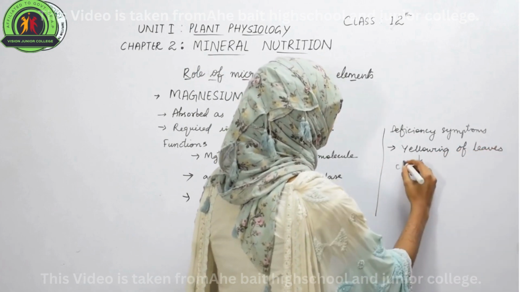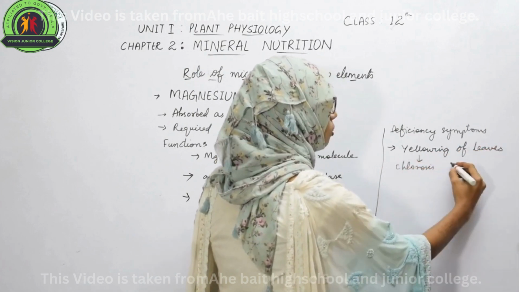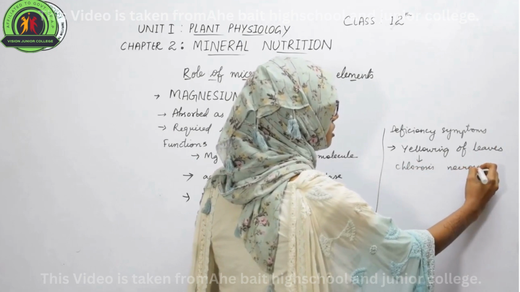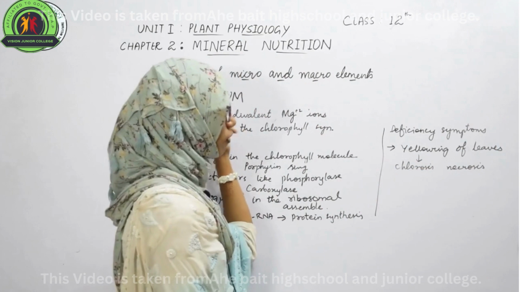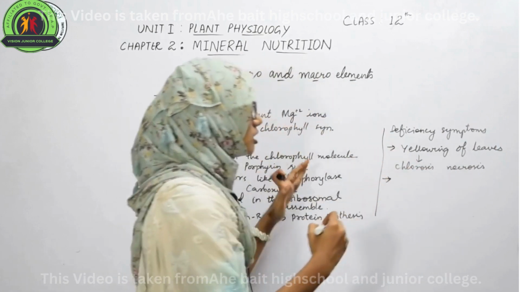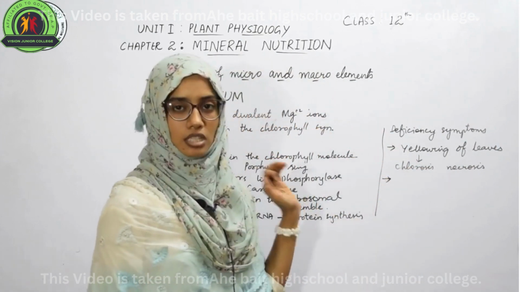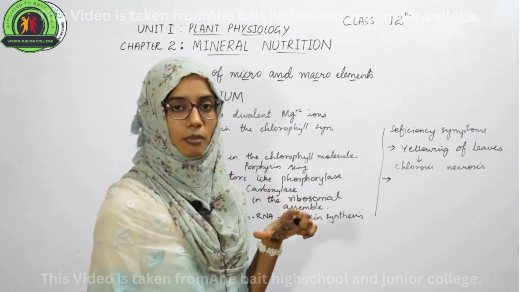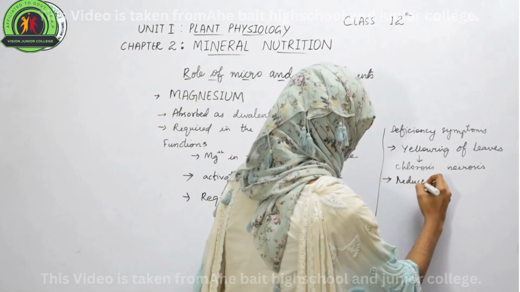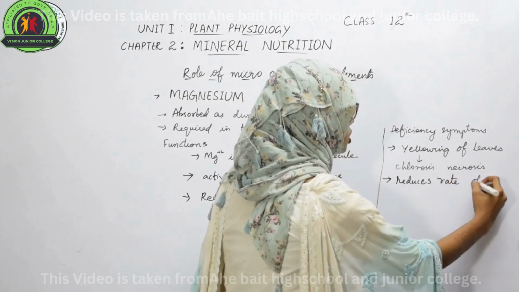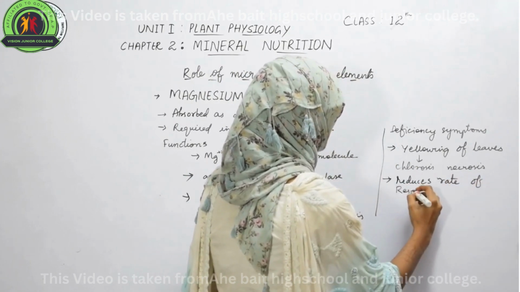This yellowing of leaves is called chlorosis, and also we can see necrosis, that means death of the tissues, due to the absence of magnesium ion. The next deficiency symptom is that it reduces the rate of respiration and photosynthesis.